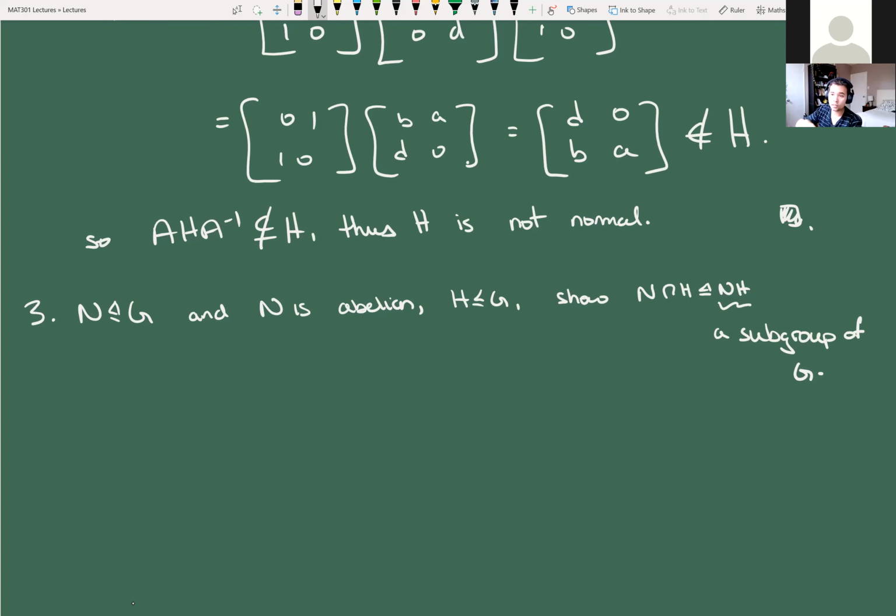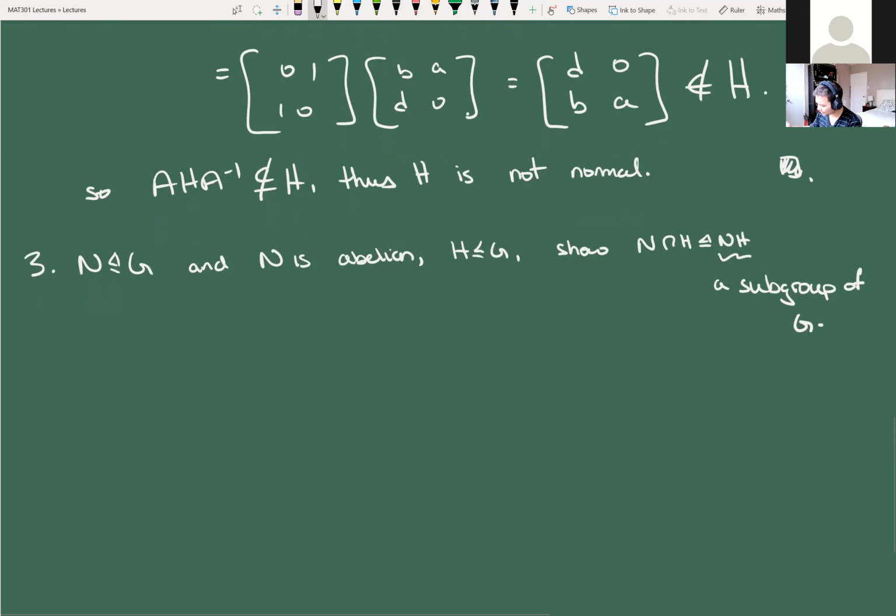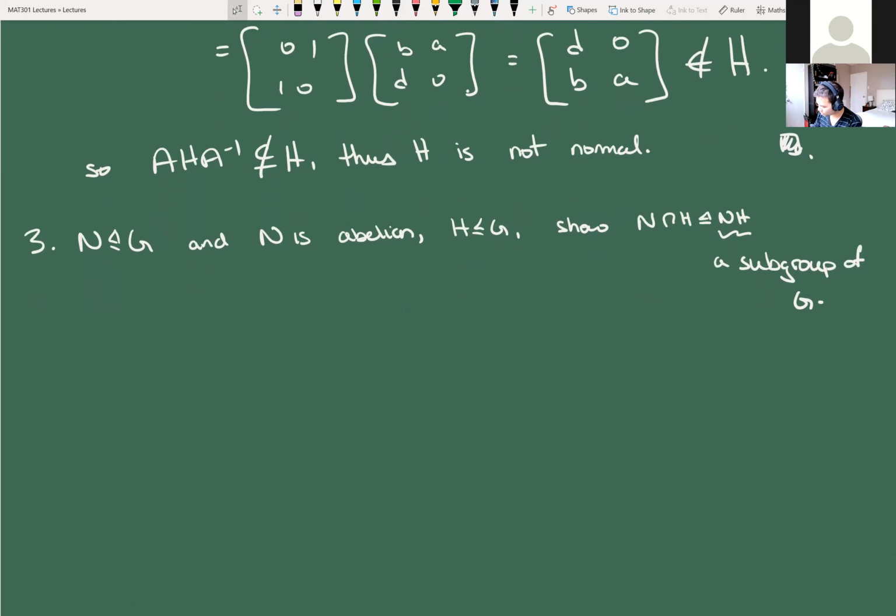Okay, so I like this one. It's kind of a nifty proof. I think this one's really, really cool. And the abelianness actually does come into play here, right? So let's fix an element. Fix some x in N intersect H. And let's fix an element nh in NH. We want to show, again, that if we conjugate x by nh, we get an element of N intersect H back.